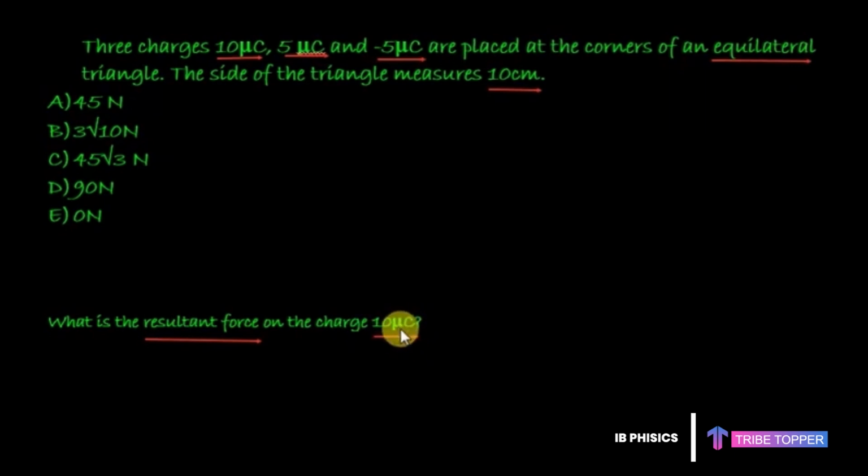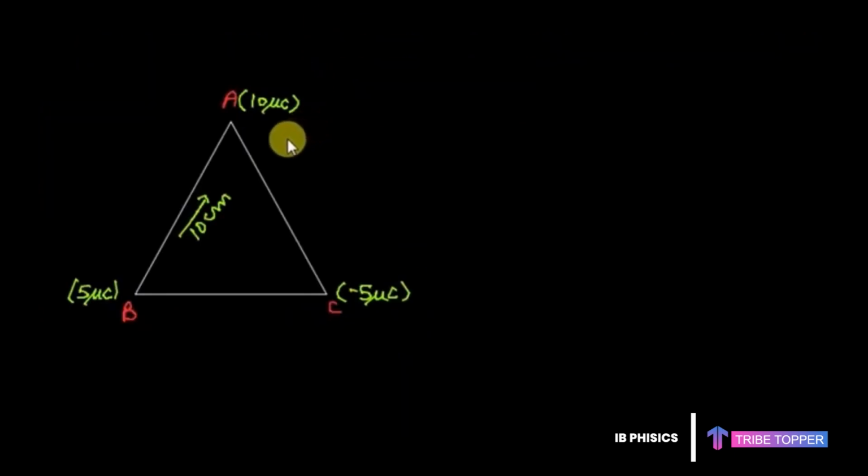So let's find out how we can find the total force or the resultant force on the charge of 10 microcoulombs. Here we have the equilateral triangle ABC, and the charges are placed like this: a 10 microcoulomb charge at A, a 5 microcoulomb charge at B, and a negative 5 microcoulomb charge at C. The force that B would exert on A would be a repulsive force because both of them are positive charges.